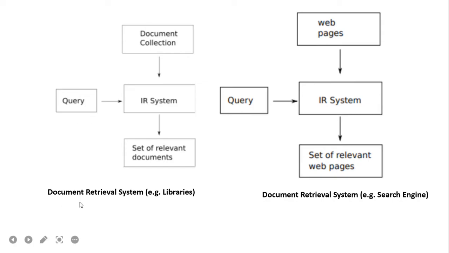An example is given of an IR system for libraries and an IR system for a search engine. Here the document collection is there, and here web pages are there, but the role of the IR system is the same: according to the query, the IR system has to retrieve the set of relevant documents or relevant web pages.